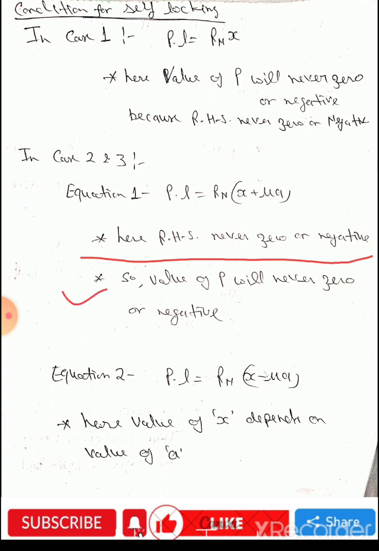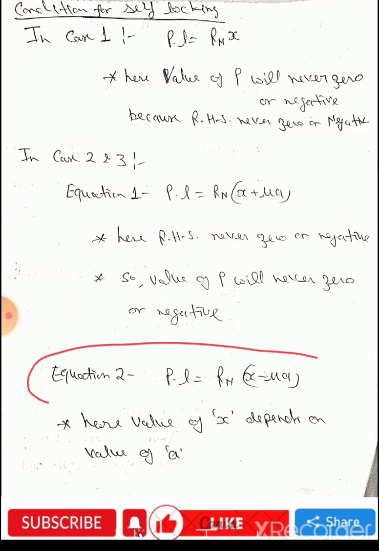So the value of P will never be 0 or negative. That means we must apply a load for braking. Now see equation number 2, which is PL equal to Rn (x minus mu a).